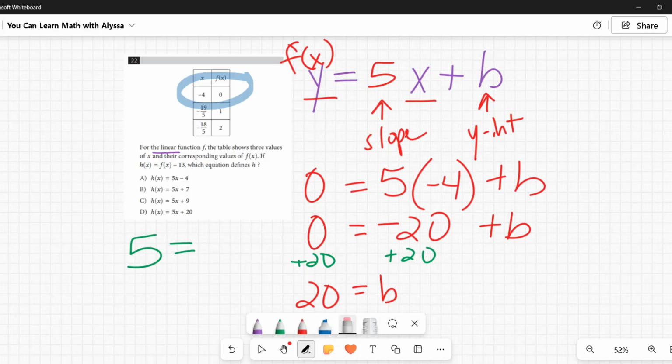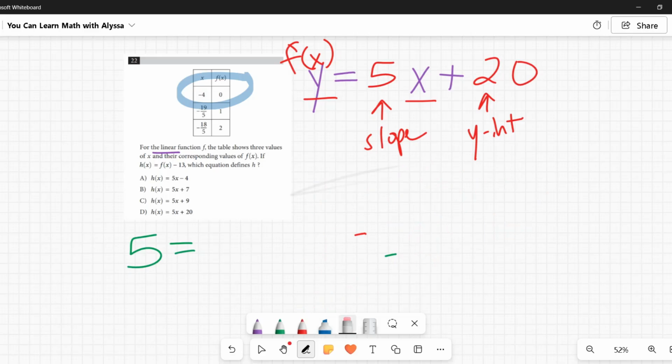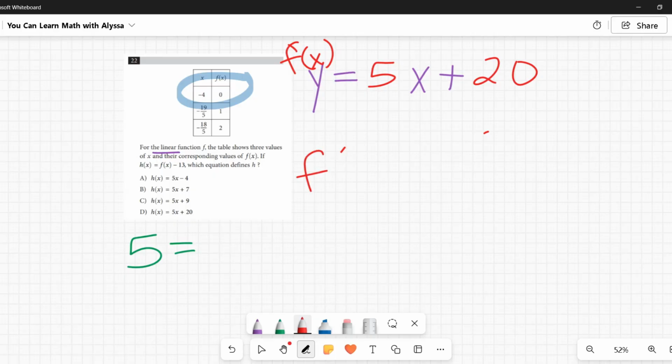So my final equation is going to be y, or f of x, equals 5x plus 20. There we go. Because if you look in your book, it's going to say y equals mx plus b. Y and f of x are going to be essentially equivalent for this problem. So f of x equals 5x plus 20.